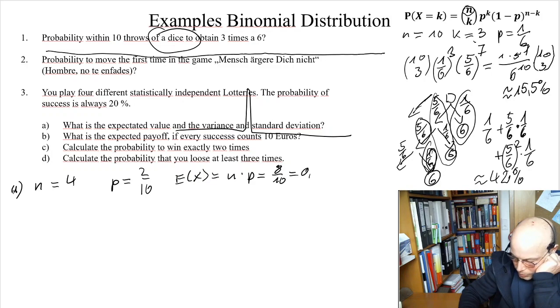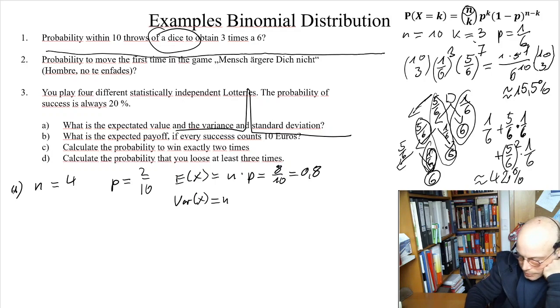8/10, 0.8. The variance is N, P, N minus P. So we have 4 times 2/10 times 8/10 is 0.64.